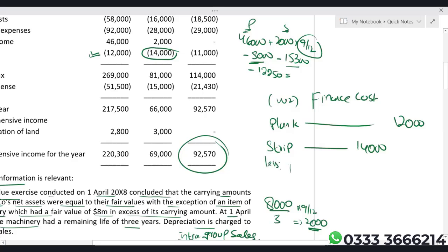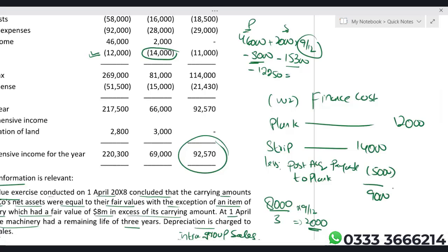Less: post-acquisition payable to Plank. Because for parent, 5,000 is interest receivable, then for subsidiary, it is interest payable. So out of 14,000, first I've deducted 5,000, I'm left with 9,000. Now logically, the remaining 9,000 will be time apportioned 9/12. Repeat: how will we calculate finance cost? Parent has a finance cost of 12,000, straightforward.